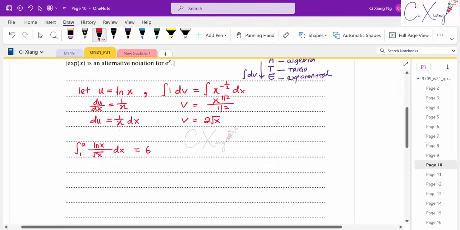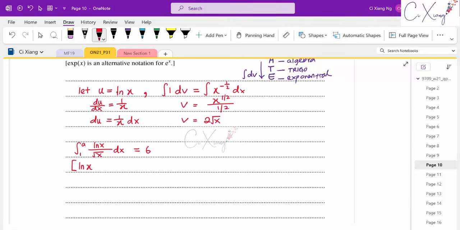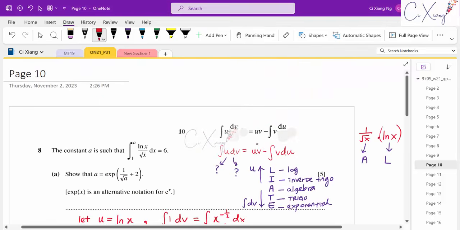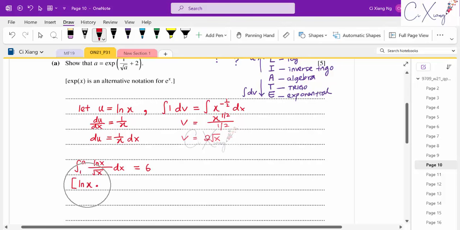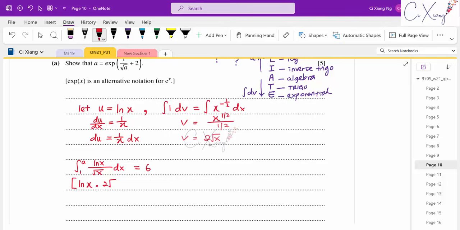U is ln x, right? So I want to put in ln x multiply with v. This is my u, ln x, and then what's my v? V is this one. So you multiply it with 2 square root x, and don't forget to substitute in the limit a and 1.